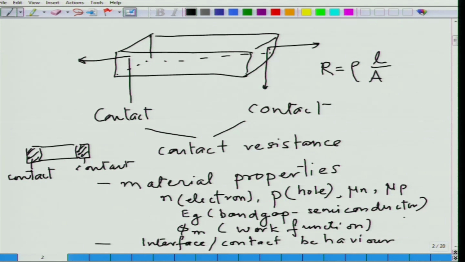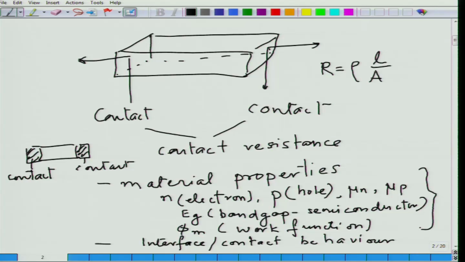Hence, in addition to the material, the contacts become very important. Although we have ways and means of making sure that the contact resistance is minimal, in which case we only concentrate on the material properties in deciding how we make our device.